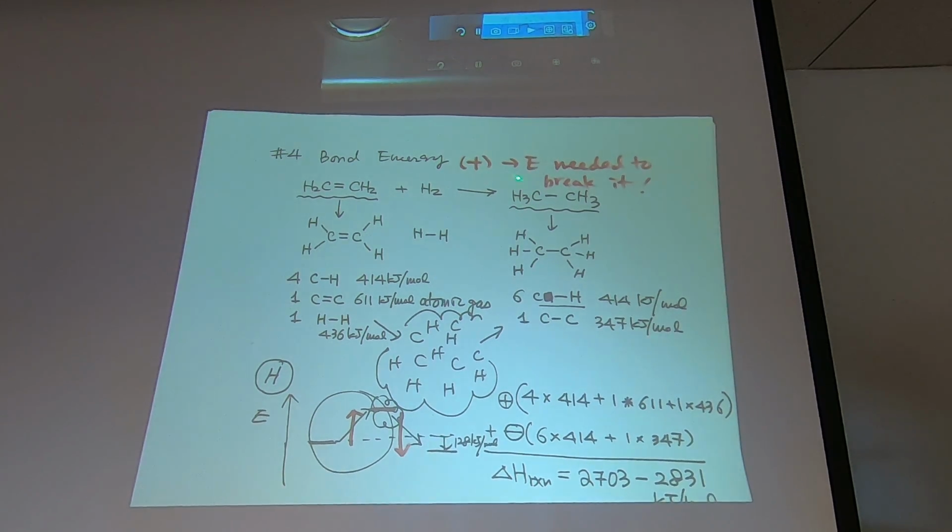So bond energy not only means the energy needed to break a bond, but the negative of the bond energy is the energy generated upon formation of the bond. And so you can use it both ways.